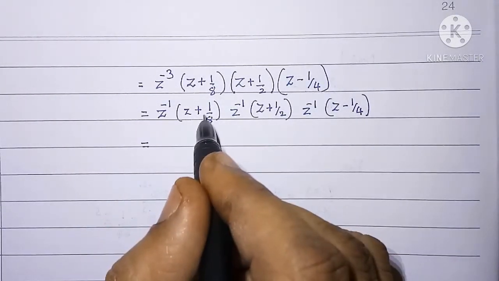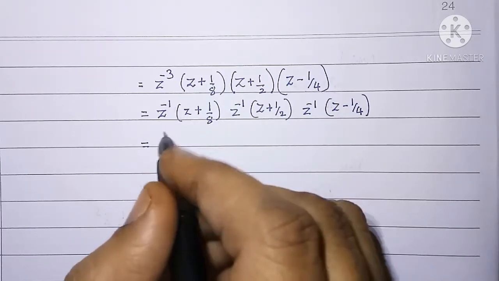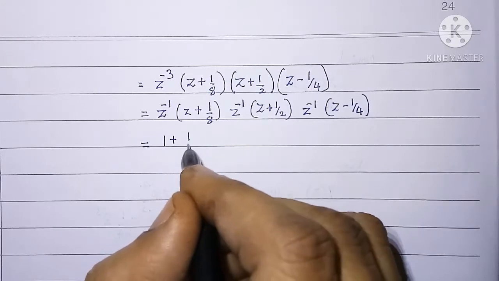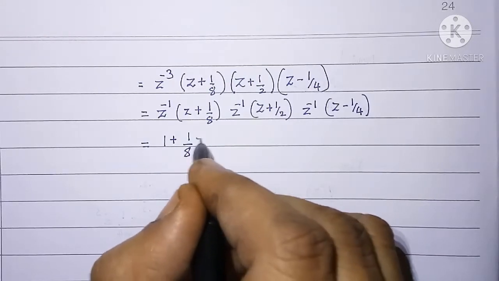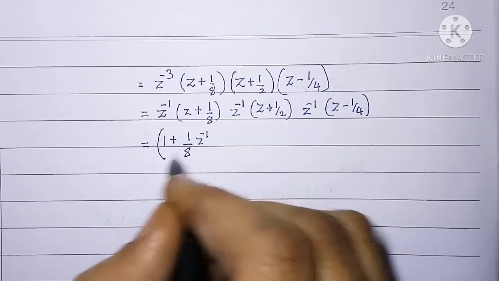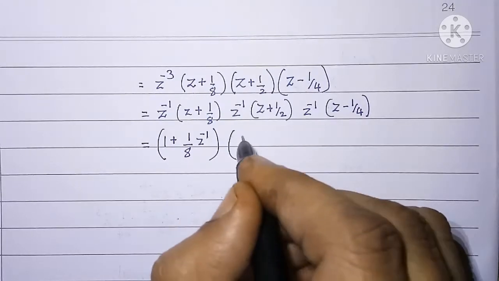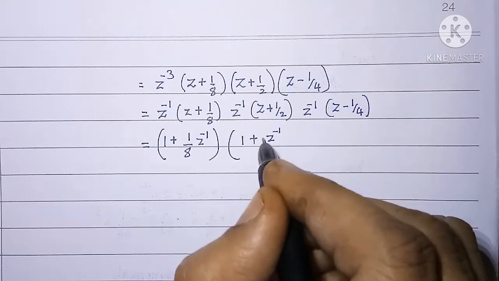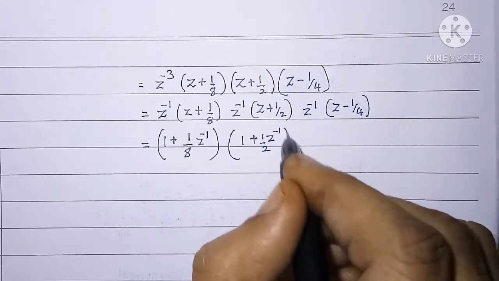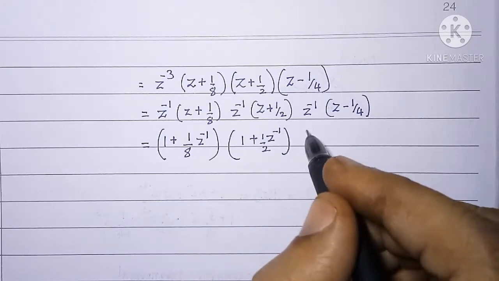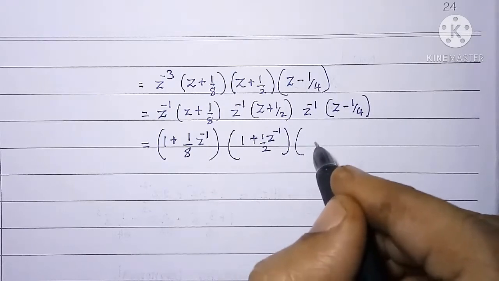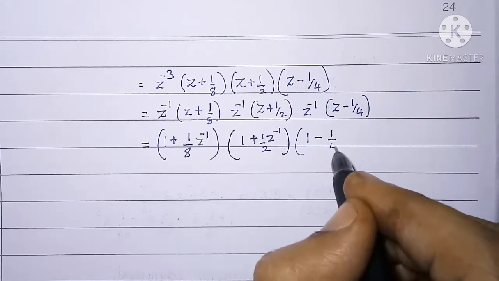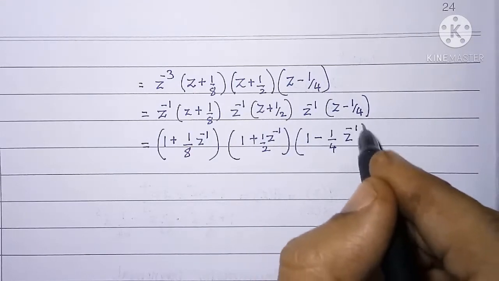Taking z raised to minus 1 inside the bracket, we get 1 plus 1 by 8 z raised to minus 1 in one bracket and 1 plus half z raised to minus 1 in another bracket, and similarly here we get 1 minus 1 by 4 z raised to minus 1.